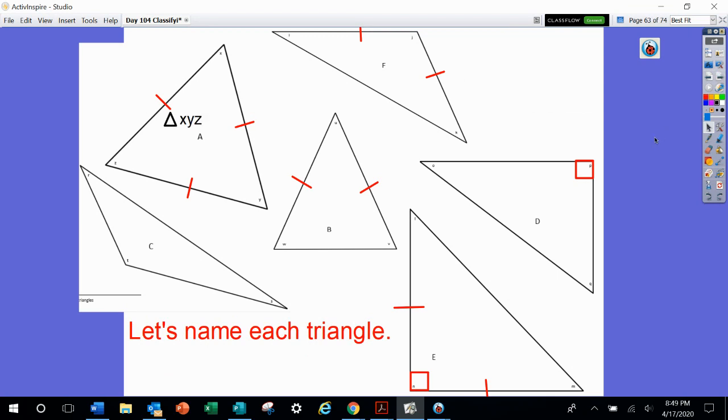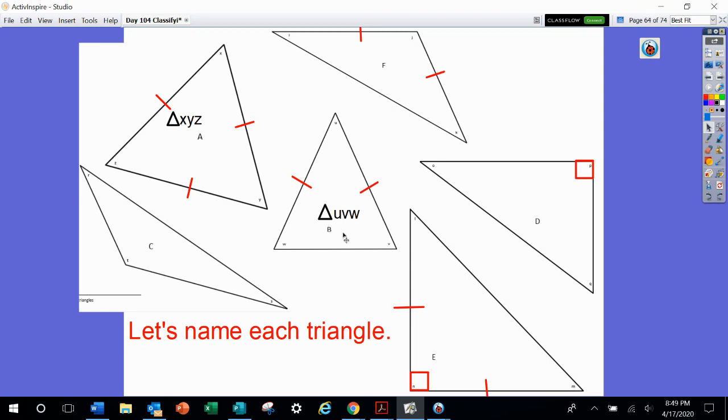Okay, when we're naming triangles, this is what you would see if someone's writing about a triangle. So if this little letter was not on the inside, this would be called triangle XYZ, because here we have an X, Y, Z. Those points make up the triangle.